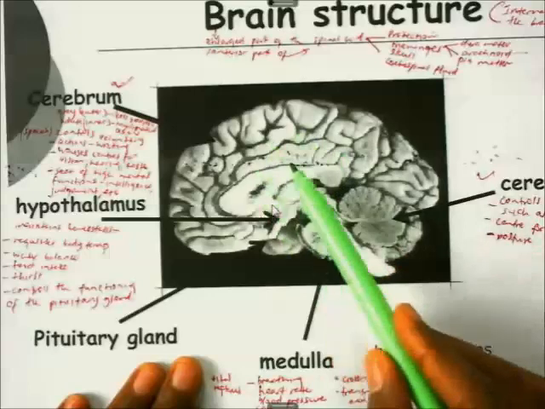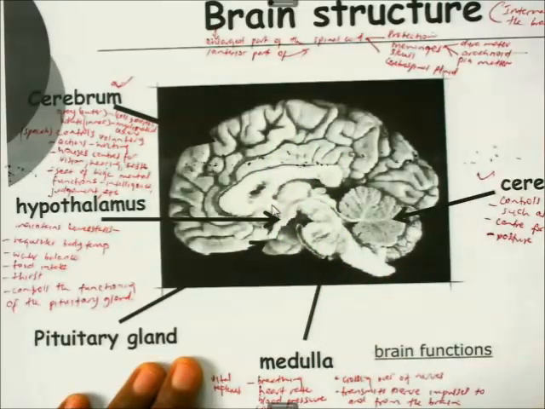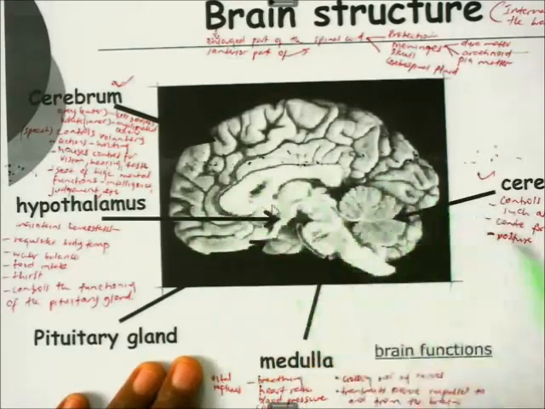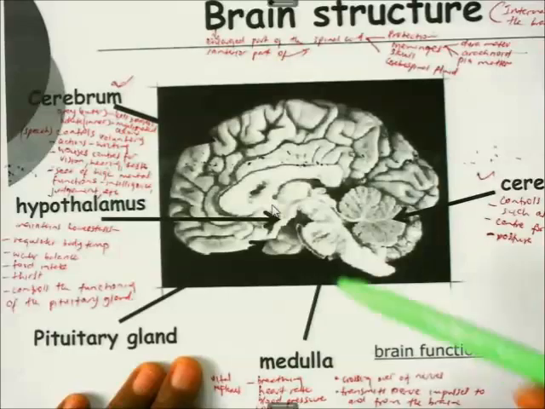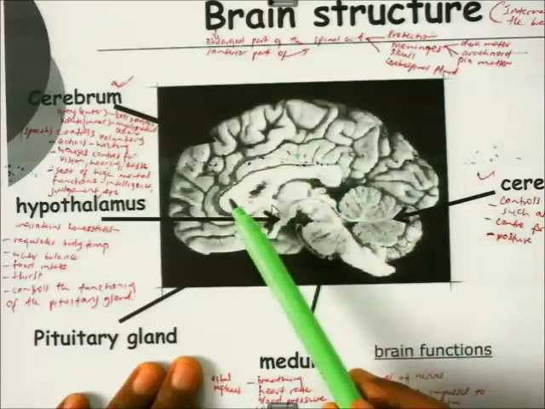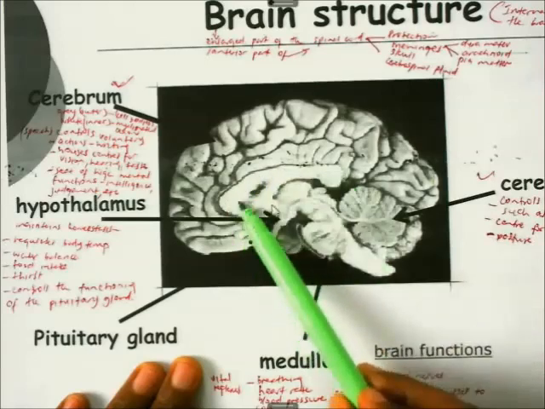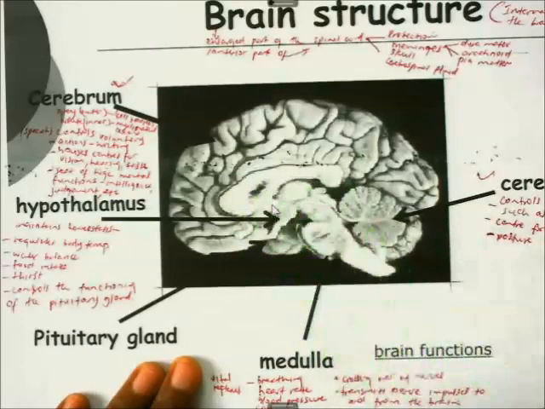So now this cerebrum is divided into two hemispheres by means of a longitudinal fissure. The two hemispheres of the cerebrum are joined together by a C-shaped structure which is called the corpus callosum.